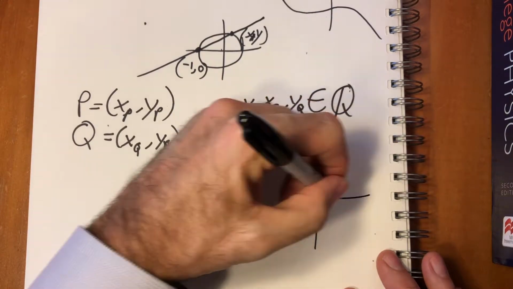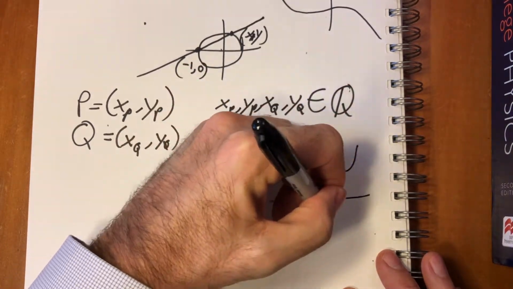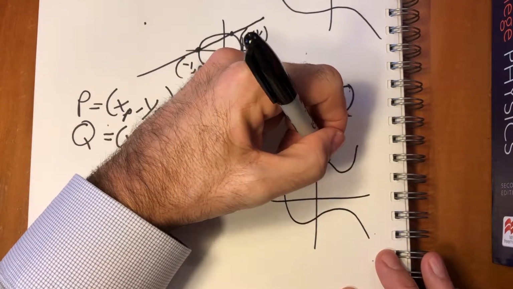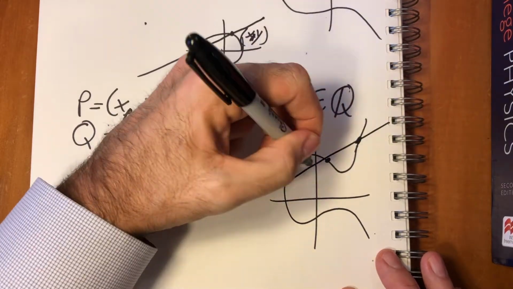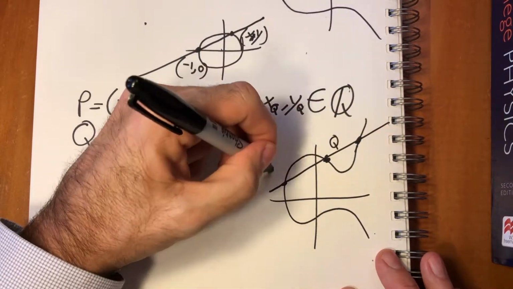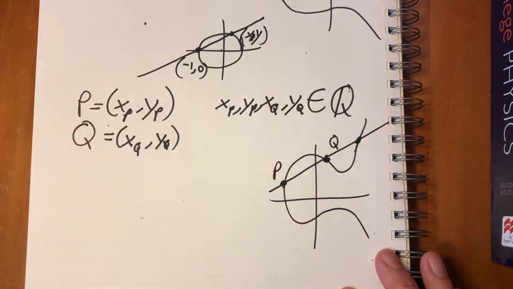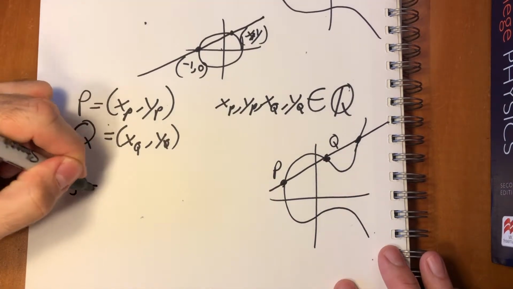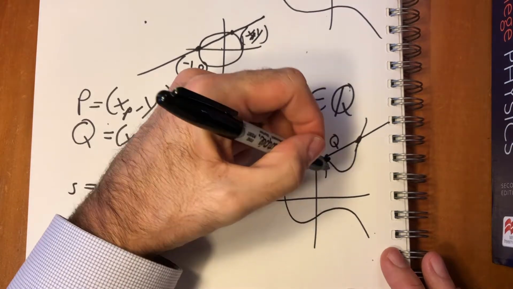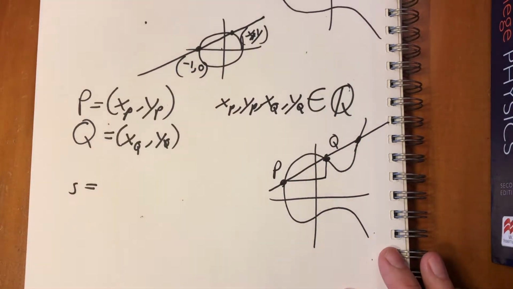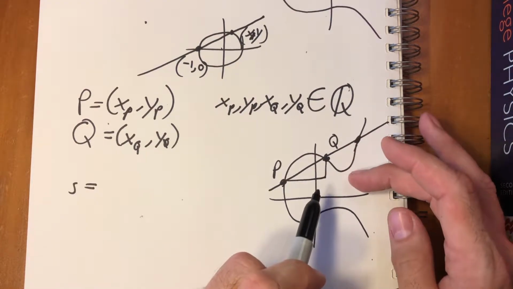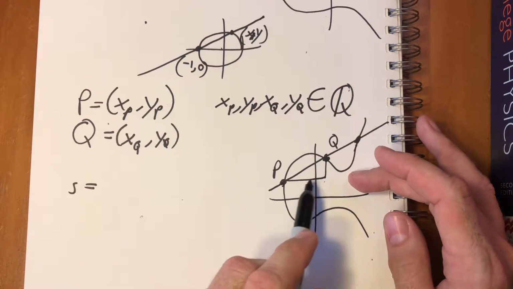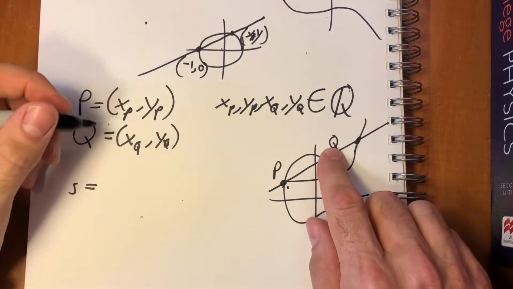So if we have, say, these two points going up here to R, so this is Q, this is P. What's the slope? The slope is always the rise over the run. So we need the difference in y's over the difference in x's.